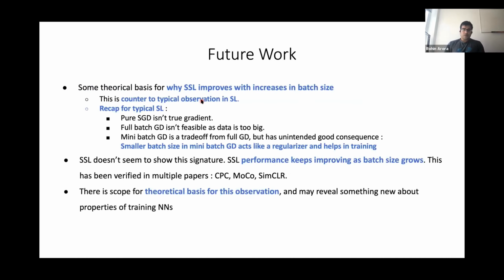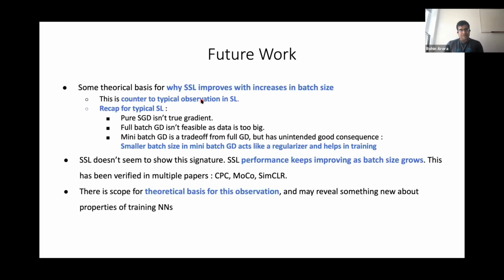So another future work possible is, what is the theoretical basis for why SSL improves with increasing batch size? This is contradictory to classic supervised learning. So in general supervised learning, you can have a full, like 1 million images gradient descent, which is like an actual gradient descent, but it is not possible to have that on GPUs with 10 GB RAM.